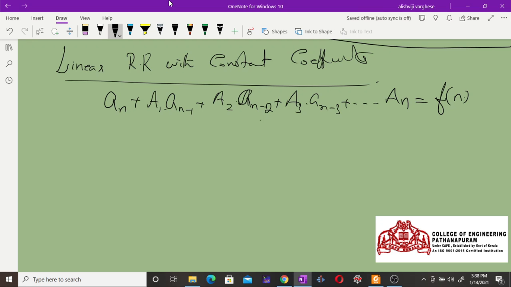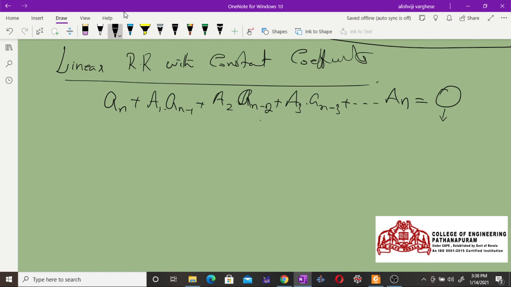Anyhow, we are dealing with some methods by which we can solve linear recurrence relations with constant coefficients, and we start with a particular variant in which this f(n) is identically equal to 0.